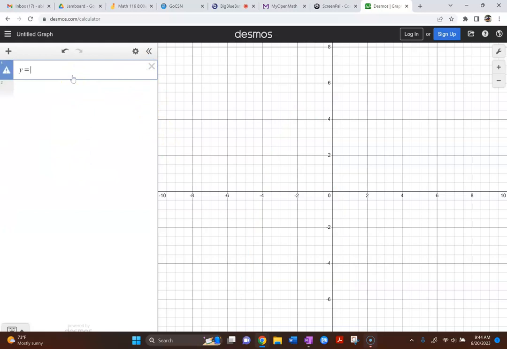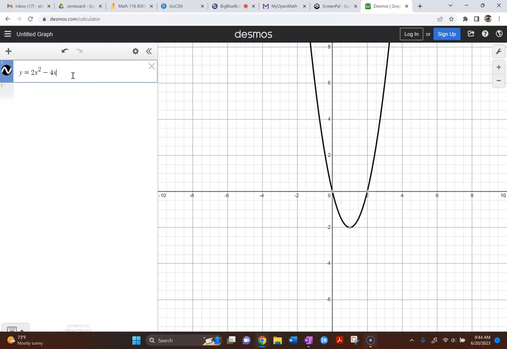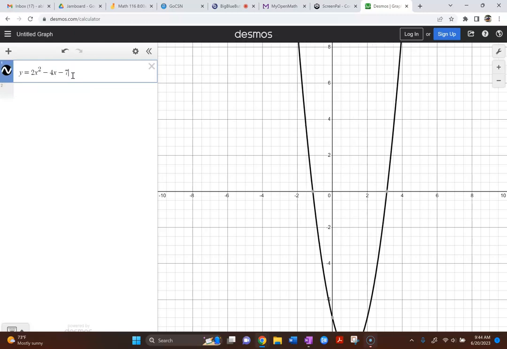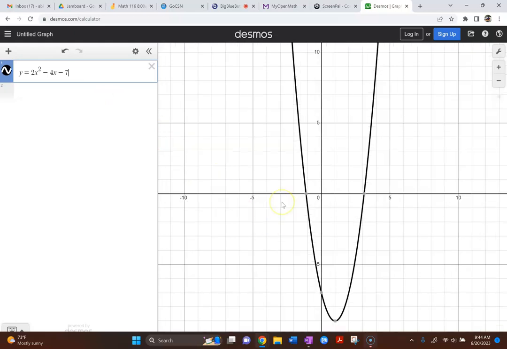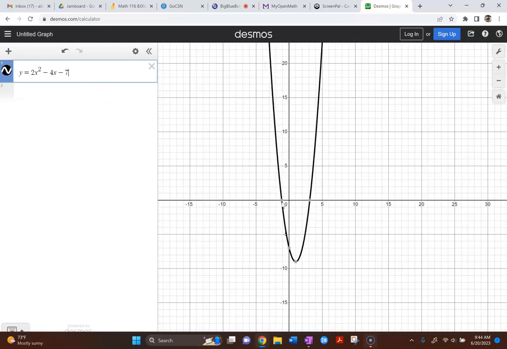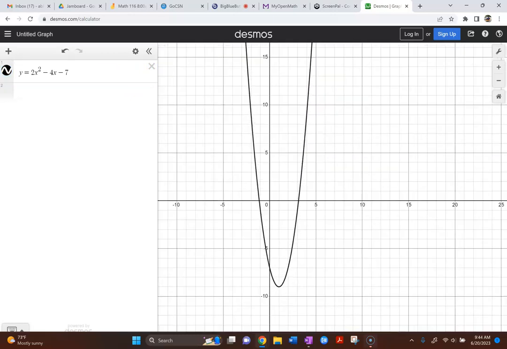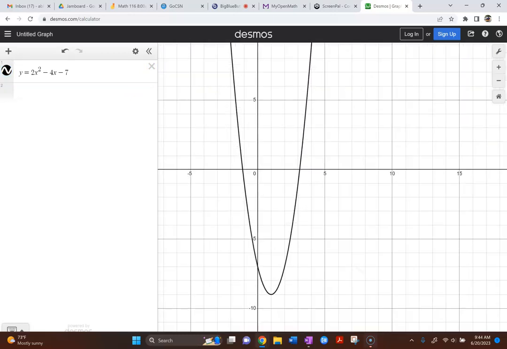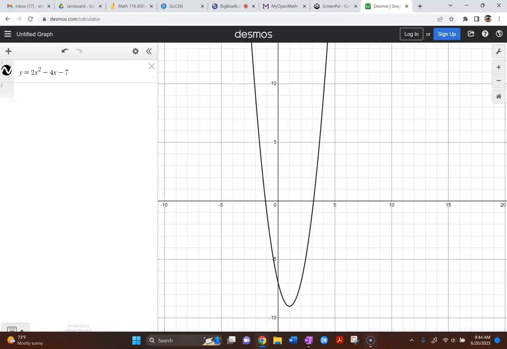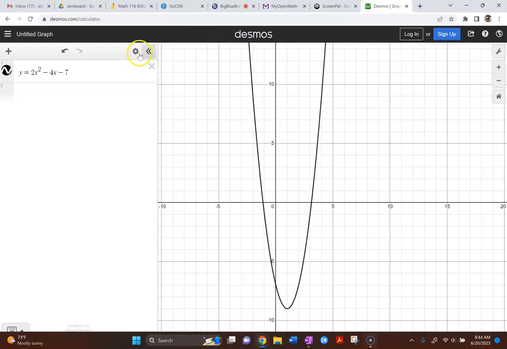Y equals 2x squared minus 4x minus 7. Let me move that around a little bit. Let's plot some points.